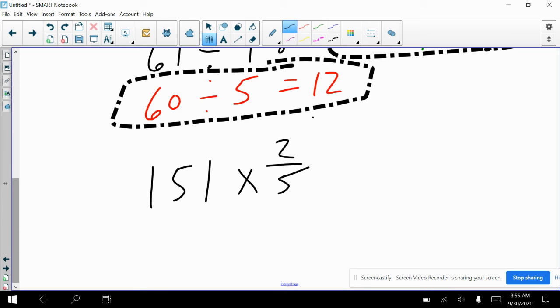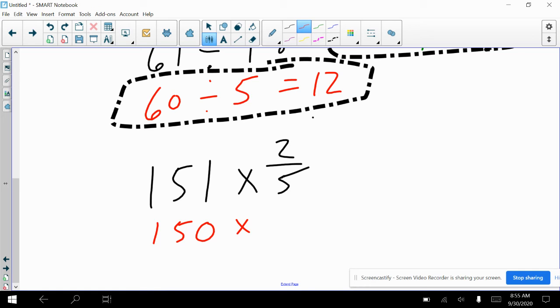Okay, what do we want to do to 151? 150, right. Remember, relatively close to the number. Now, I can see where this is going to go maybe wrong. 2/5. Think about that.